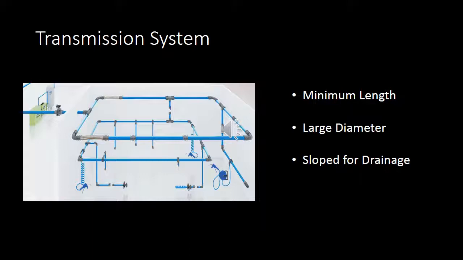The air distribution system on the demand side is intended to deliver air to the point of use with minimal pressure loss. It is often an extended network of main lines, branch lines, valves, and air hoses. The length of the network should be kept to a minimum to reduce pressure drop. Piping should slope to allow for drainage of condensate and include traps for its removal.